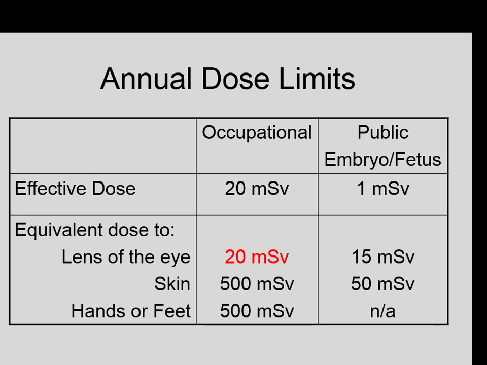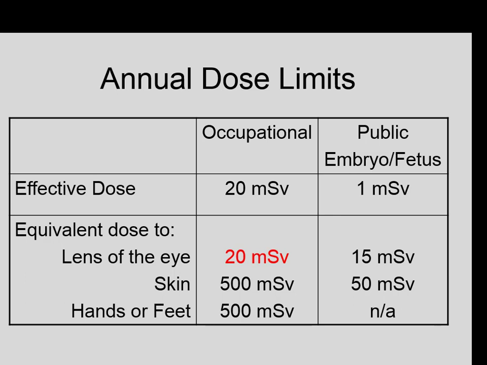The reason for the differences in these dose limits is because an occupationally exposed person has a choice to be exposed to radiation or not be exposed to radiation, whereas the public and the child do not have that choice. I've highlighted the equivalent dose limit to the lens of the eye in red.